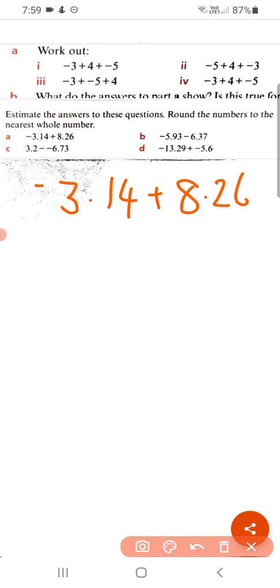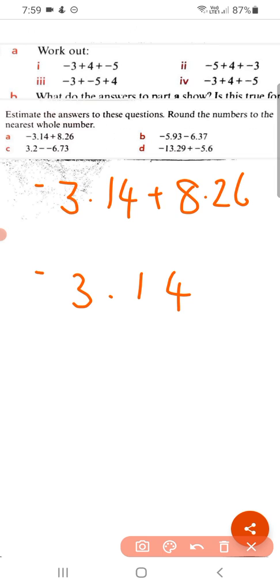Let me explain this. Negative 3.14. So here we are rounding to the nearest whole number. Nearest whole number means that after we estimate, the decimal part should not remain. Round to the nearest whole number means after the estimation we need only the whole number part.